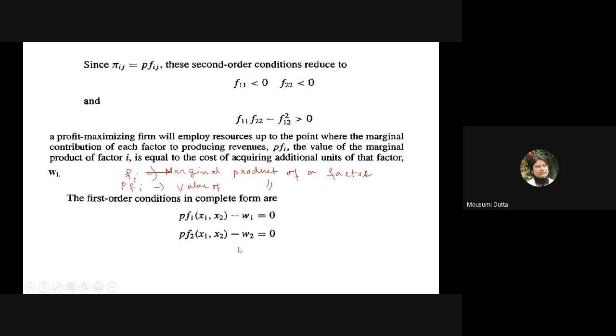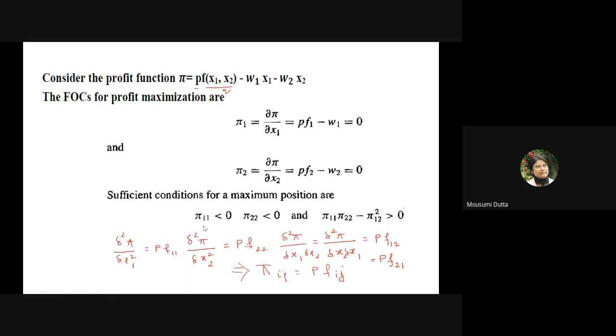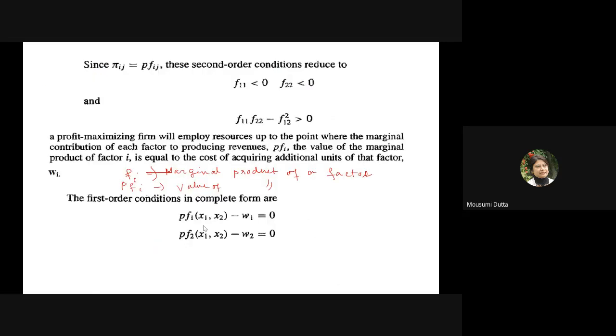So in the previous equation, x1 and x2 were implicit. However, here we are explicitly bringing those x1, x2. This first order derivative is a function of x1, x2. This first order derivative is also a function of x1, x2. So anyone has any query regarding this presentation of the two first order conditions?